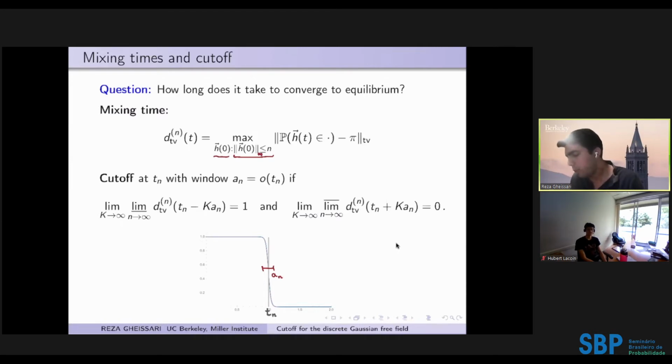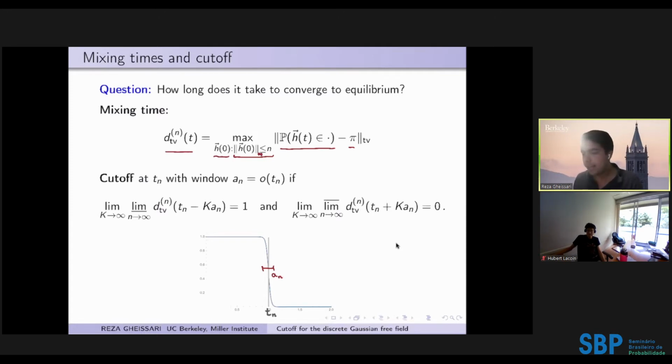And then you look at the total variation distance between the law of the dynamics and the stationary measure at time t. This quantity we'll call dTV of t. So this is roughly the worst case total variation from stationarity at time t.